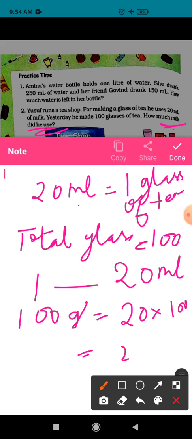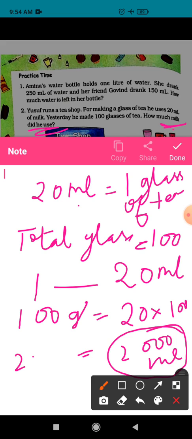2 ones are 2 and 3 zeros. So 2000 milliliter of milk is used for making 100 glasses of tea. Children, you can convert this 2000 milliliter into liter. To convert milliliter into liter, what will you do?